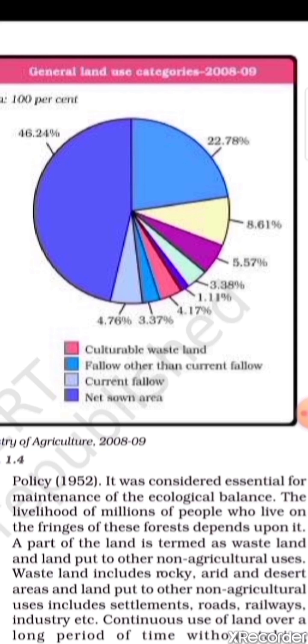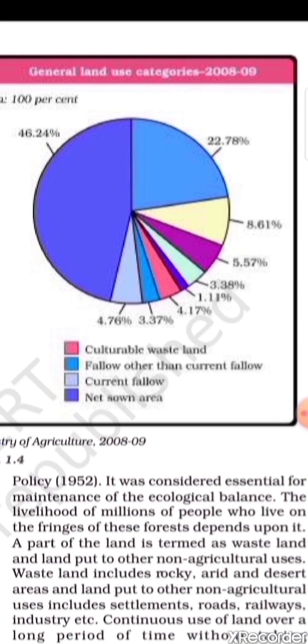Second, 22.78% was fallow other than current fallow, meaning this land was left without cultivation for 1 to 5 years. 8.61% was used as barren and unculturable waste land, meaning this was the waste land. Fourth, 5.57% was the area under non-agricultural uses, meaning it can be used for construction of roads, buildings and other things.